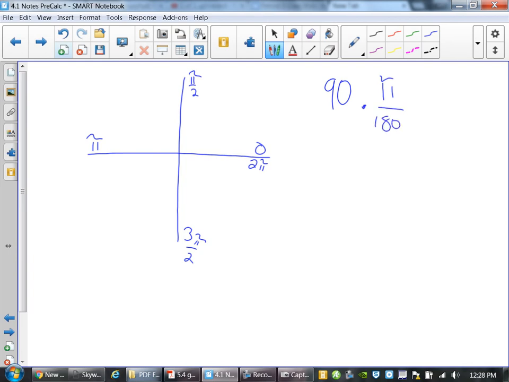So to go from degrees to radians, you take your degree measure and multiply it by pi over 180.